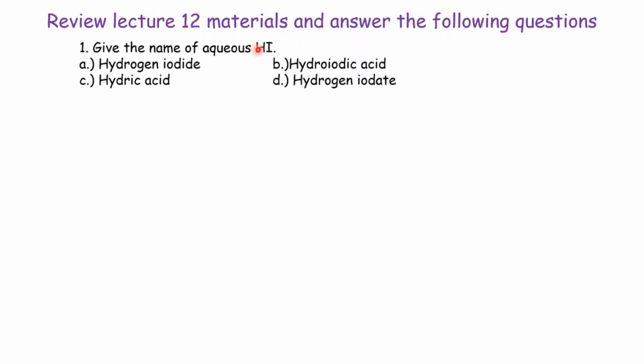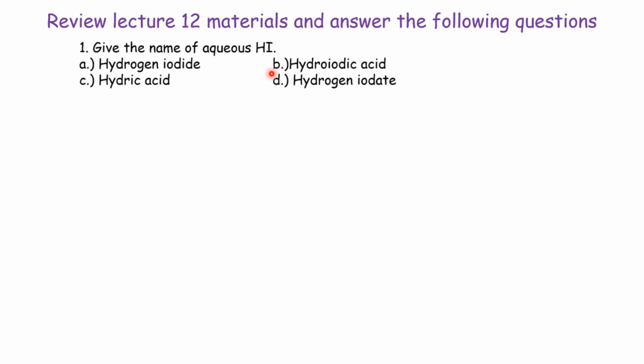If it were not an acid, you could call that hydrogen monoiodide. All right, so that would be correct. So B is the only correct answer. The others are incorrect.